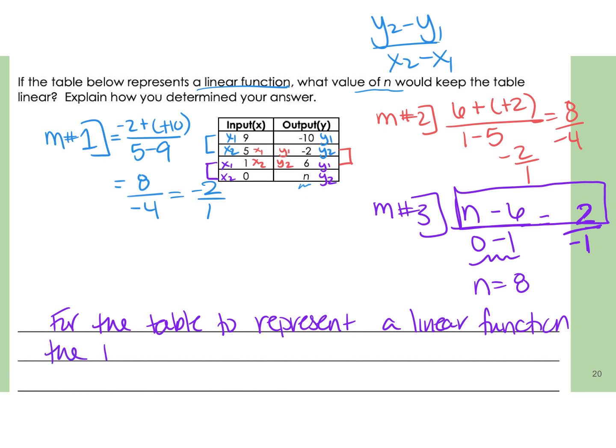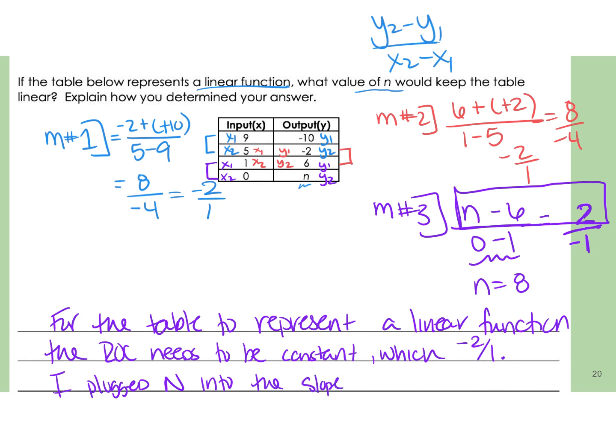The ROC needs to be constant, which is -2/1. I plugged into the slope formula and got n minus 6 equals 2. So n has to be 8.